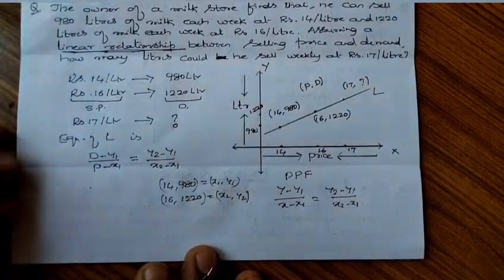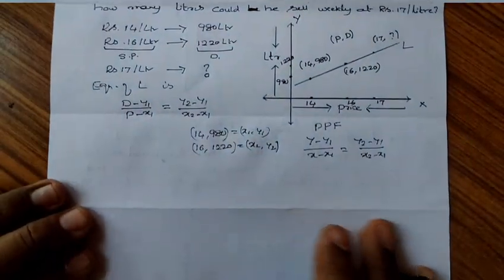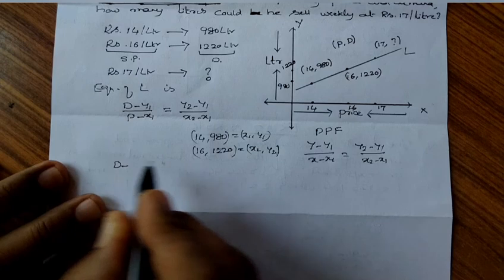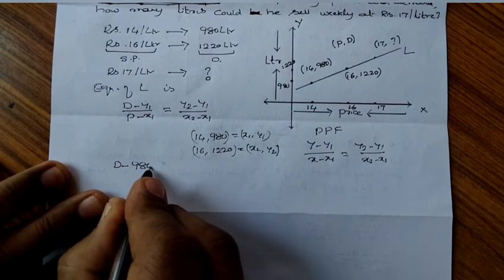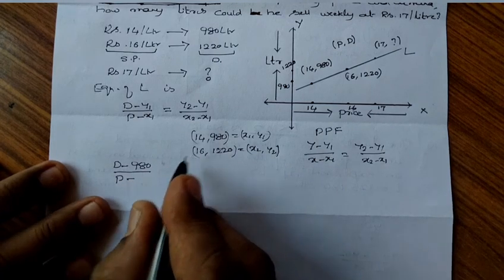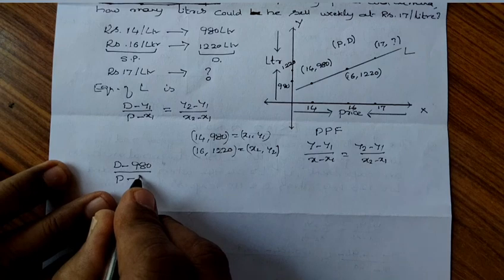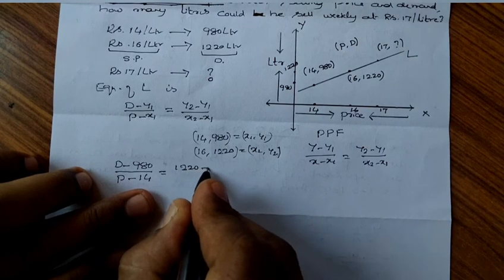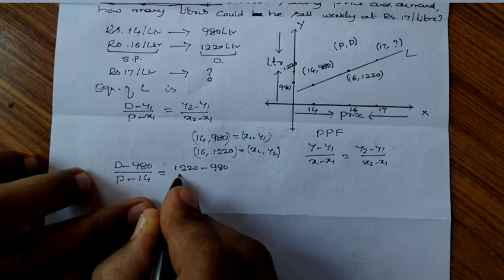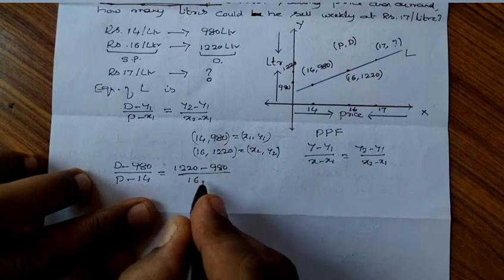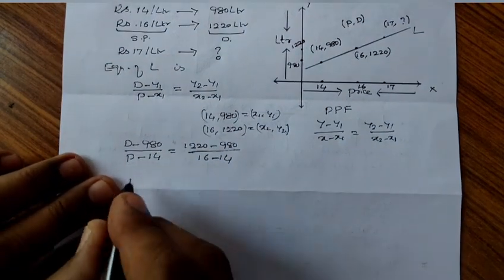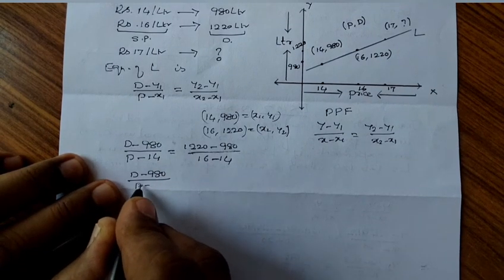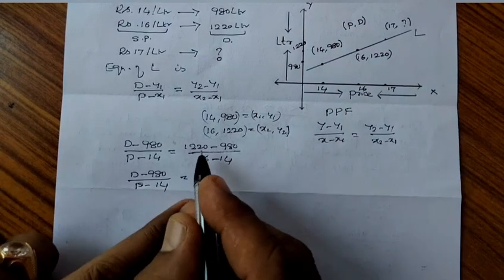Next, substitute the values. We get D minus 980 divided by P minus 14 equals 1220 minus 980 divided by 16 minus 14.